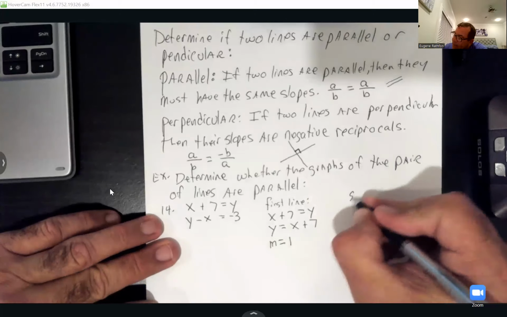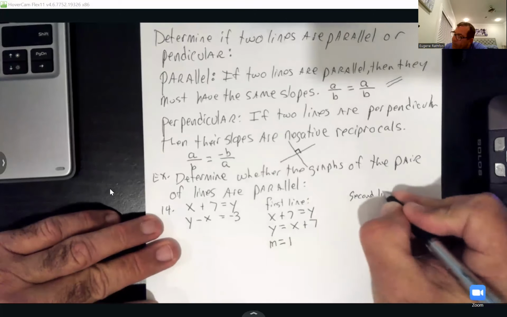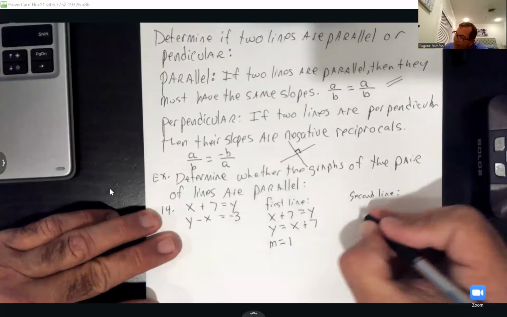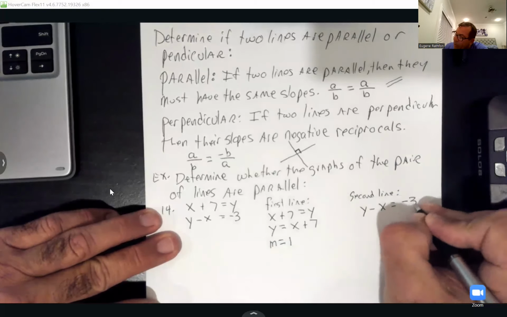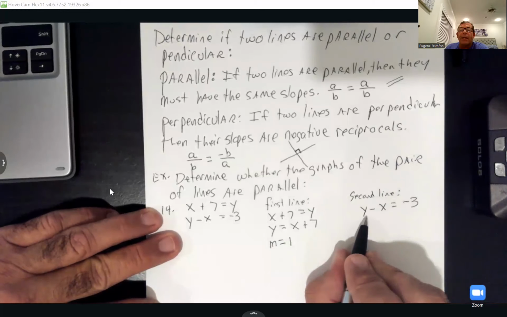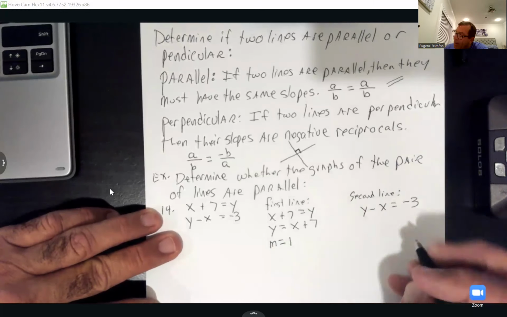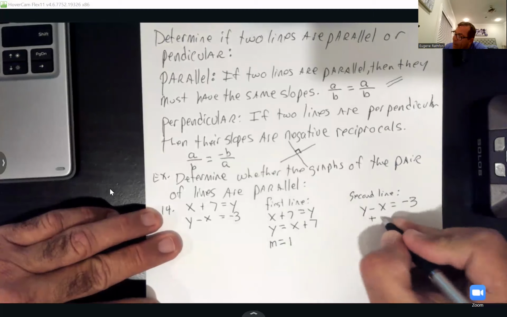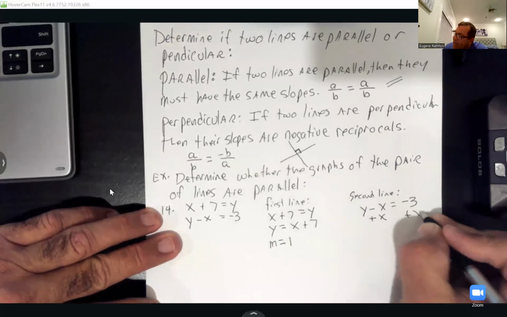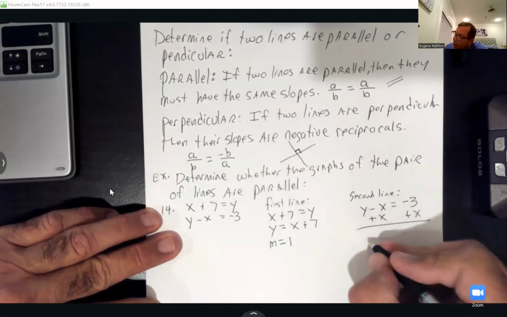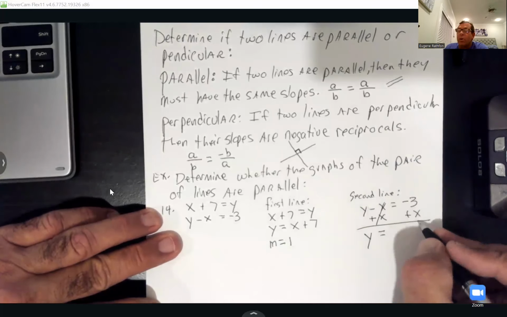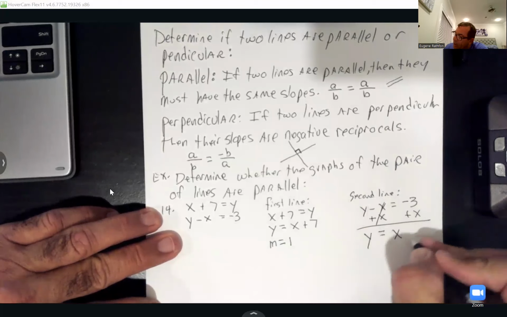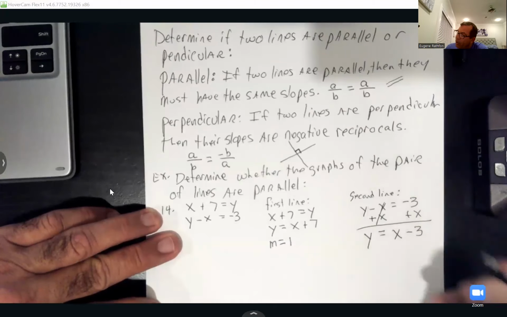Okay, second line. Second line, I got y minus x equals -3. All right, this one, I got to get the y by itself by taking care of that negative x. So to move that, we add an x to both sides. So I get my y. Those x's cancel out. Now I'm just going to put it in order. I'm going to put the x first and then the -3.